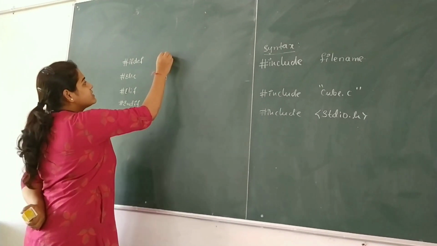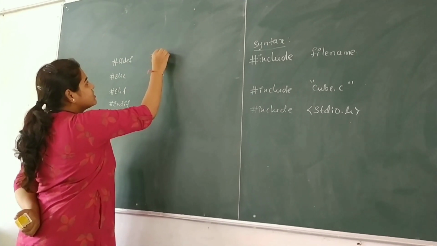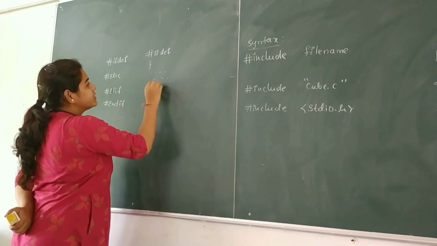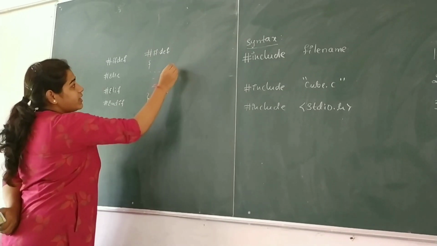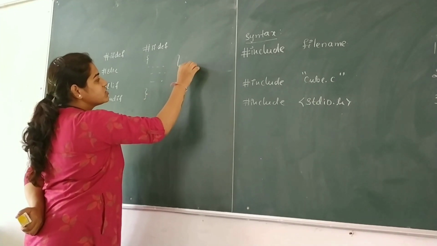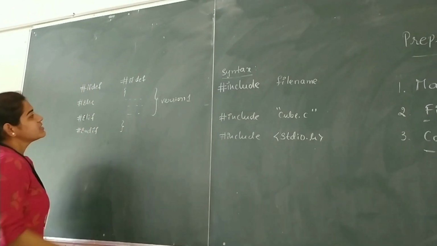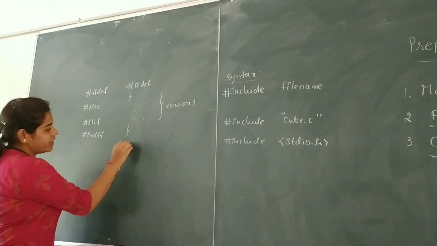Here we consider an example: hash ifdef followed by certain statements, which we can call version 1 of the execution of statements, and here is the else part.